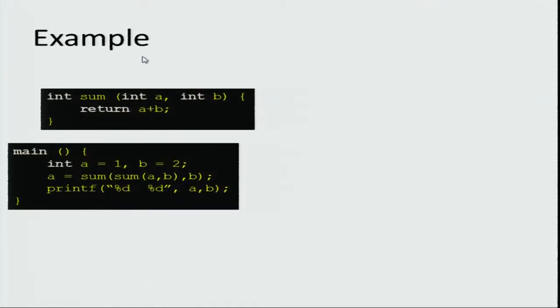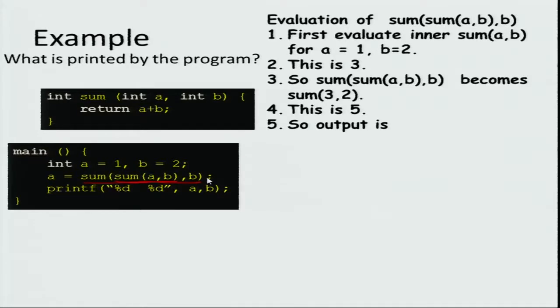Now, let us try a slightly more elaborate program. What happens if you have sum of a, b and then sum of that, comma b? This is the program. In this case, what will happen? First evaluate the inner function, sum of a, b. a is 1 and b is 2, so that will return 3.